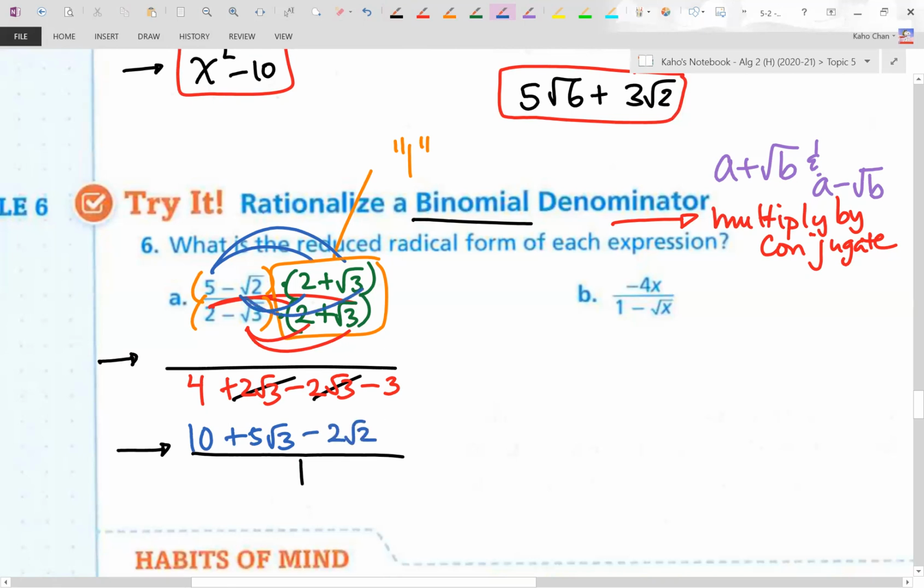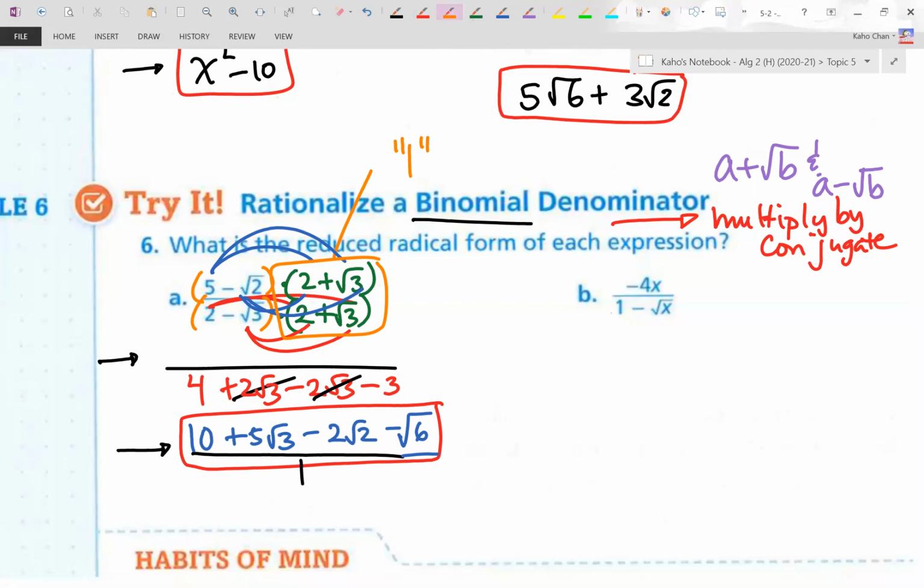And last terms is, oh, they're both underneath the radical. It's going to be negative root 2 times 3 is root 6. Now, this is kind of crazy. I'm looking at these 4 answers here. Nothing combines together. That's your answer. Isn't that strange?